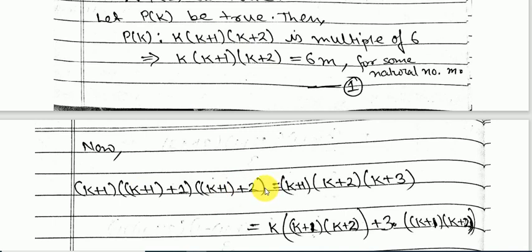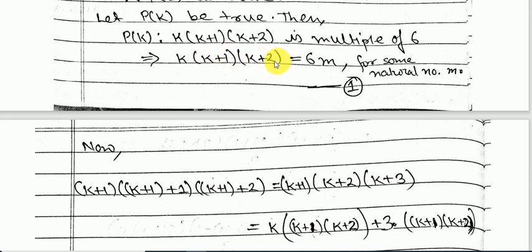Done. So now we will simplify whatever we have on this left hand side. While simplifying, you should try to bring at least one term on the right hand side which will be exactly equal to k into (k plus 1) into (k plus 2).